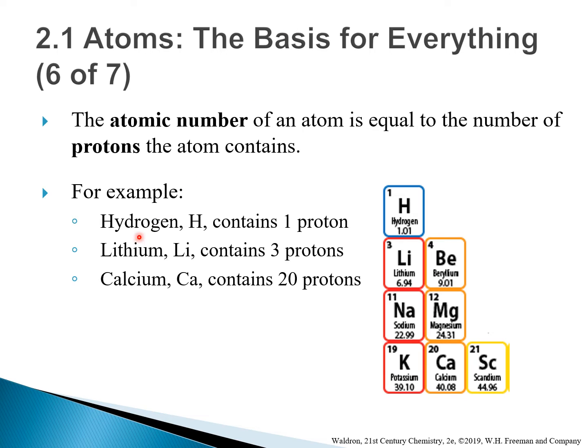For example, if you have hydrogen here, its atomic number is 1, therefore it has 1 proton. The next one is lithium. Lithium has atomic number 3, so it contains 3 protons. Or calcium. Calcium's atomic number is 20, so it contains 20 protons.